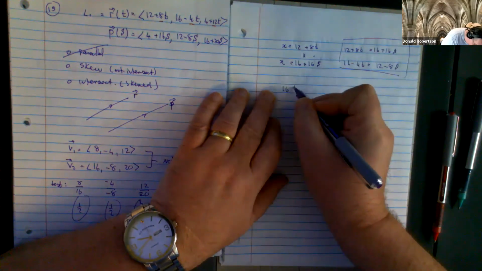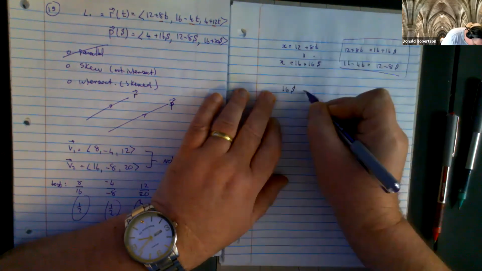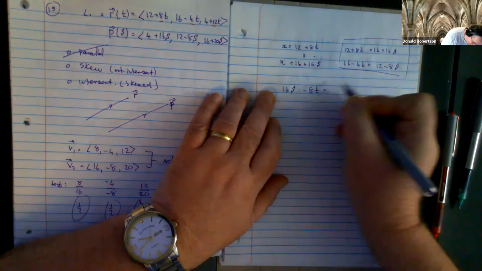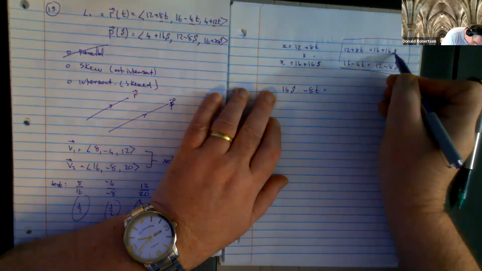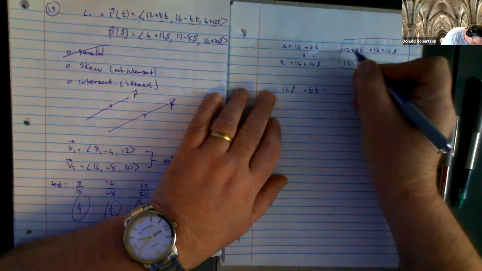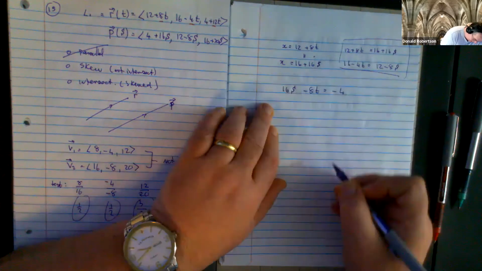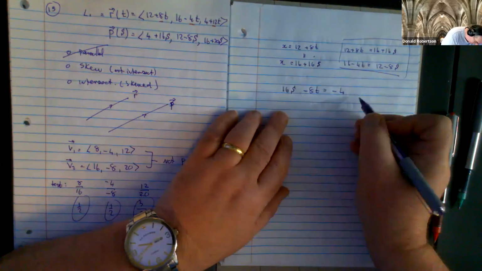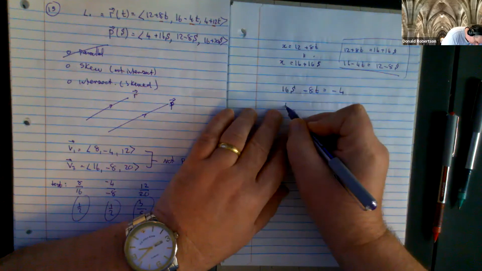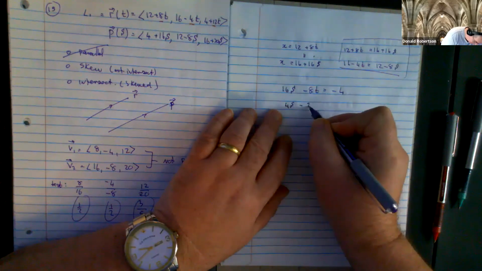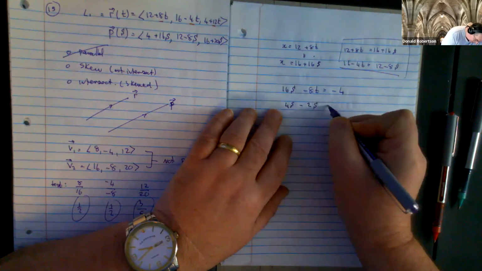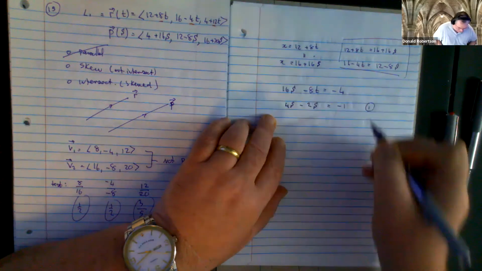You get 16s, subtract 8t is equal to -4. And divide everybody by 4, because I like small numbers if I can get away with it. There we go. And that's going to be equation 1.